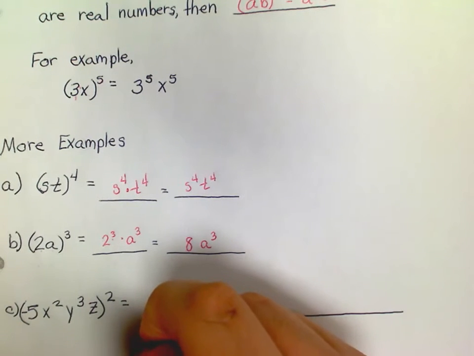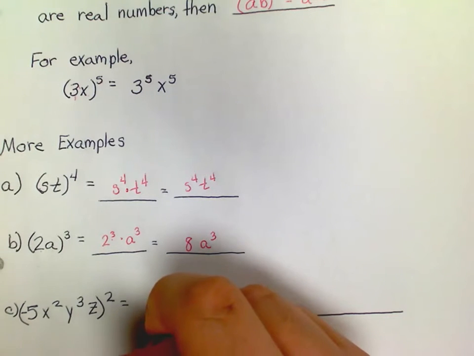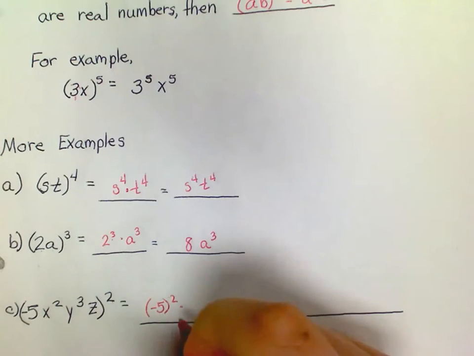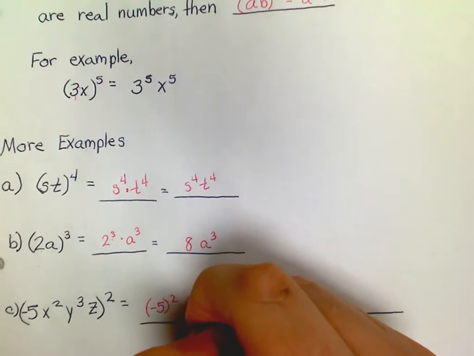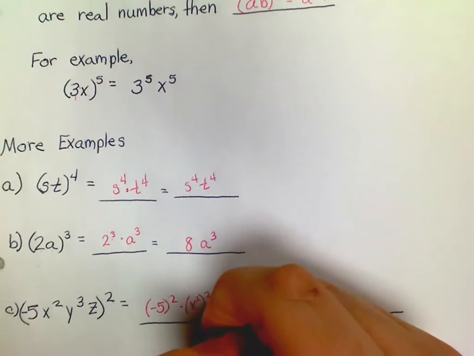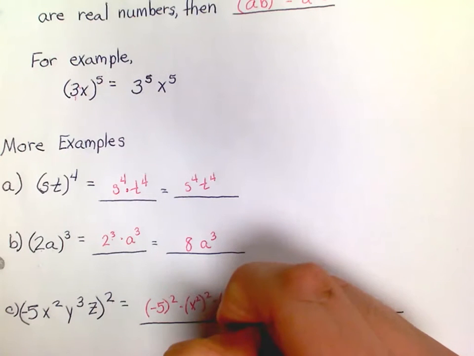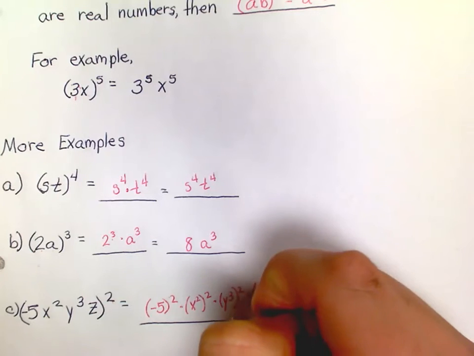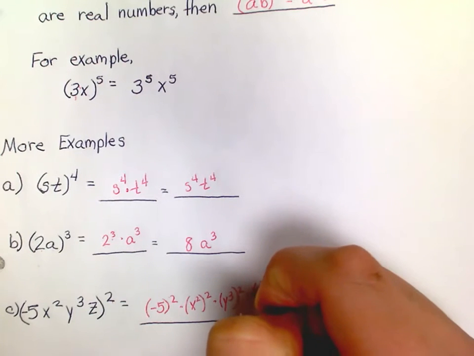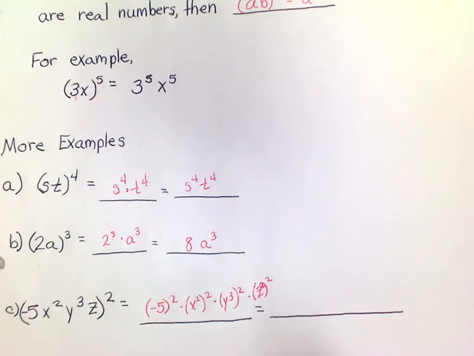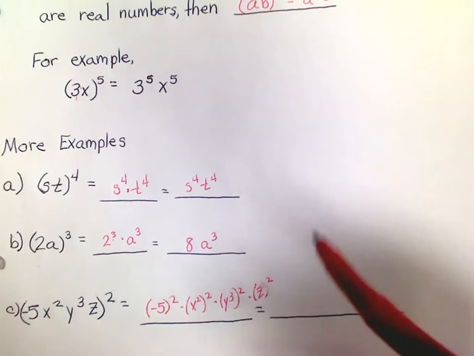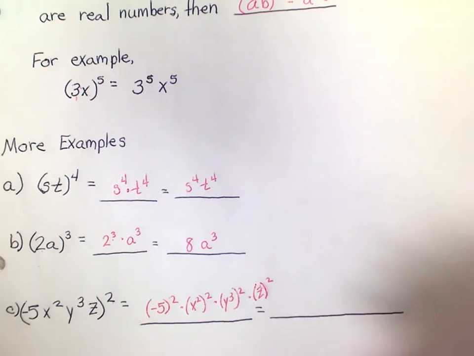So -5 squared times x squared times y to the third squared times z squared, oh, excuse me, that is not a z squared. It's just a z being multiplied to the second power.